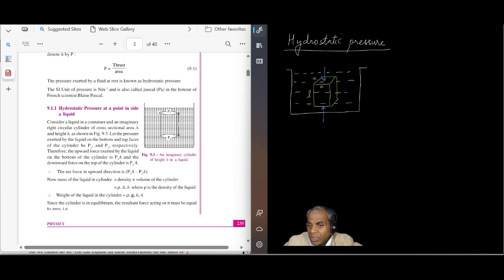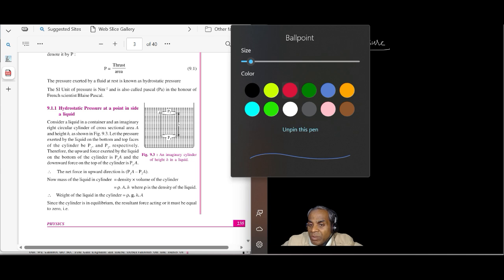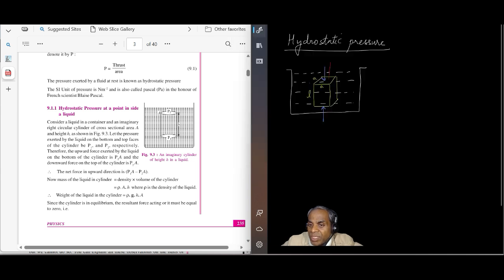Okay, right? What else is there? We also have the weight of the object which is trying to push it down. So there are two forces acting at the top surface of the object which is submerged in the liquid. There is one force acting at the bottom which is trying to push the object up.